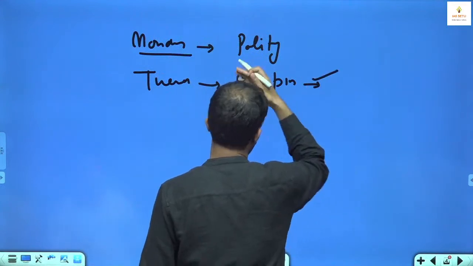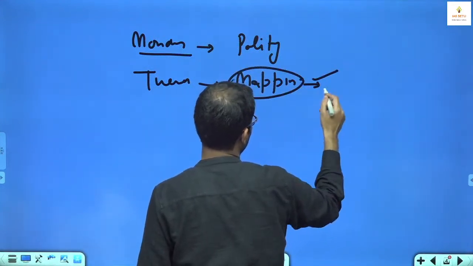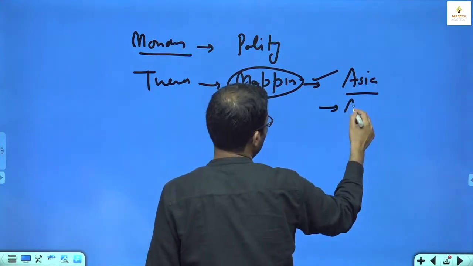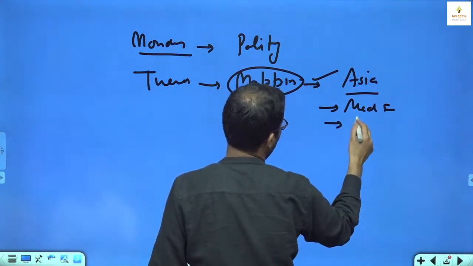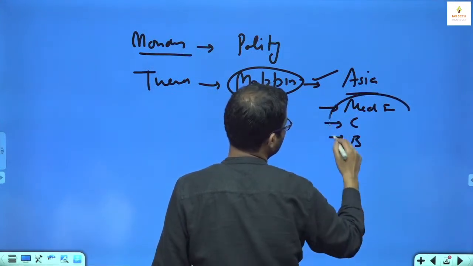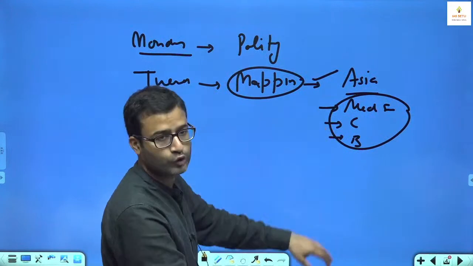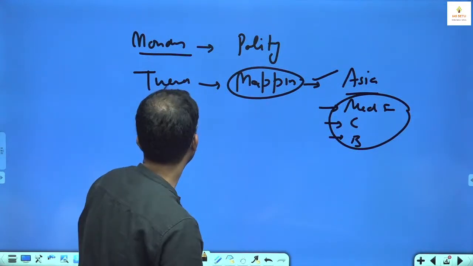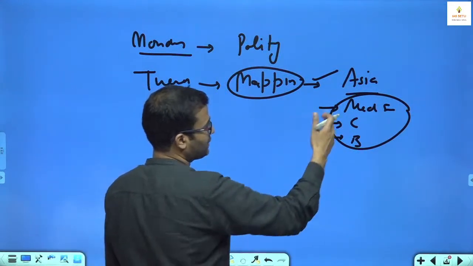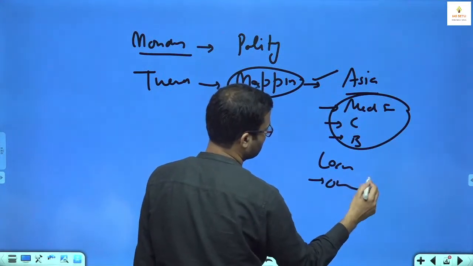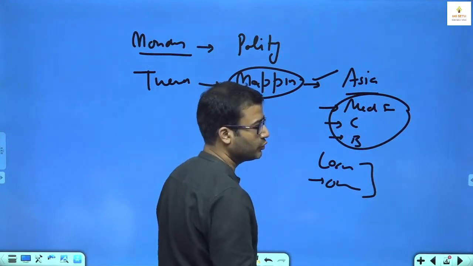I will try to complete all these 3 things in the Tuesday class. Asia. We will focus on the Mediterranean Sea, Caspian Sea, Black Sea, Western Asia. We will put a special focus on that area because generally that is asked. Plus local winds and ocean currents. So I will do that in the Tuesday class.